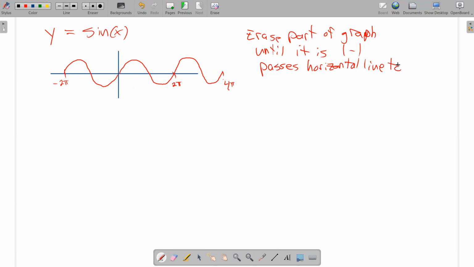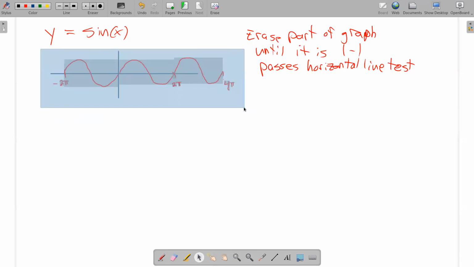And like the vertical line test for a function, where a graph is a function if any vertical line hits no more than once, the horizontal line test means any horizontal line hits no more than once. So I'm going to make a copy of this and redraw it or erase it. So let's grab U.